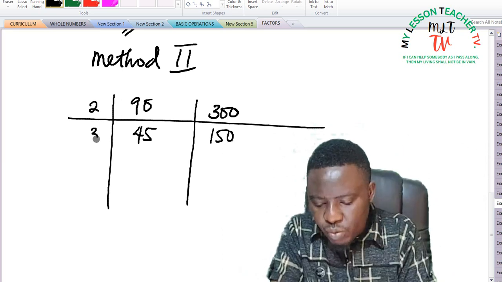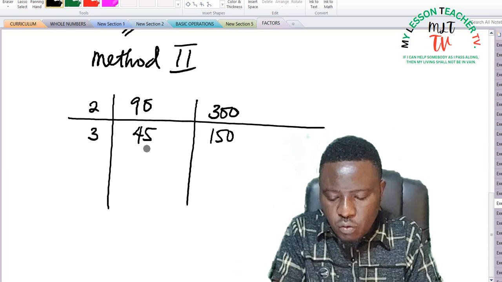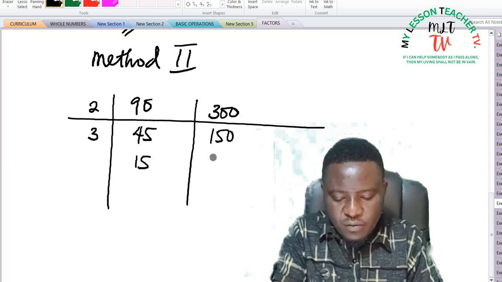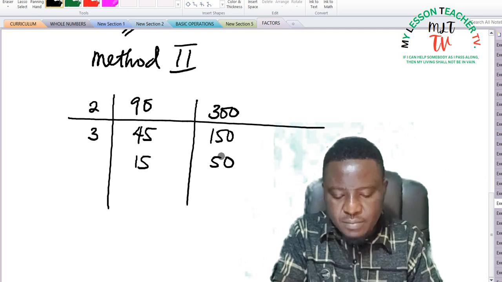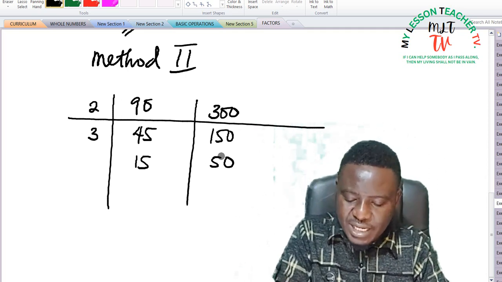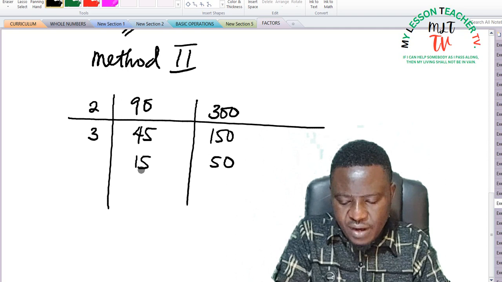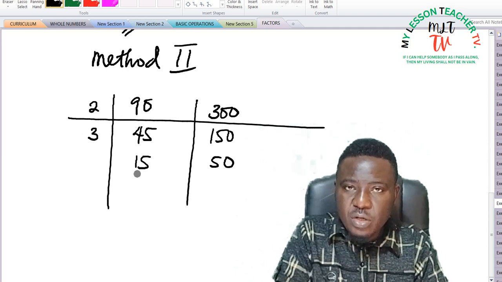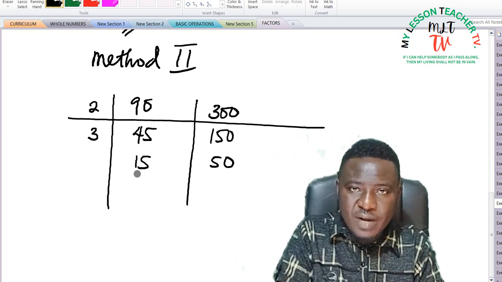So we use 3, which is common. 3 into 45 is 15. 3 into 150 is 50. Can 3 divide again? 3 can divide 15, but 3 cannot divide 50. So 3 can no longer divide.